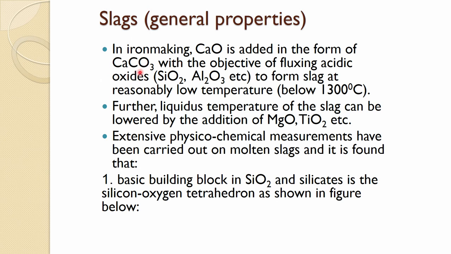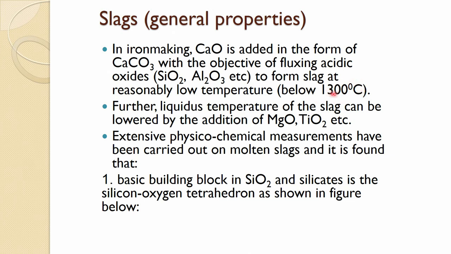CaCO3 is added with the objective of fluxing acidic oxides like SiO2, Al2O3 etc., to form slag at a reasonably low temperature, below 1300 degrees Celsius.